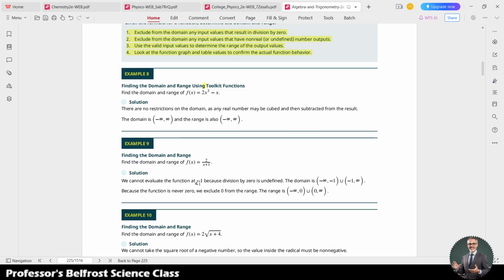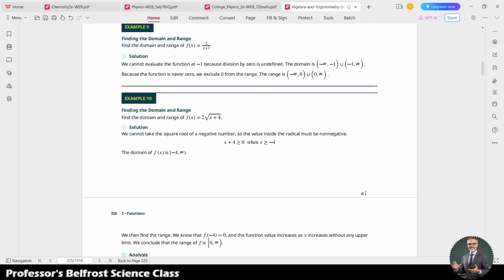So minus 1 is the exclusion, because division by 0 is undefined. So the domain must be minus infinity to minus 1, union minus 1 to positive infinity. And because the function is never 0, we should exclude 0 from the range. So the range is minus infinity to 0, union 0 to positive infinity.